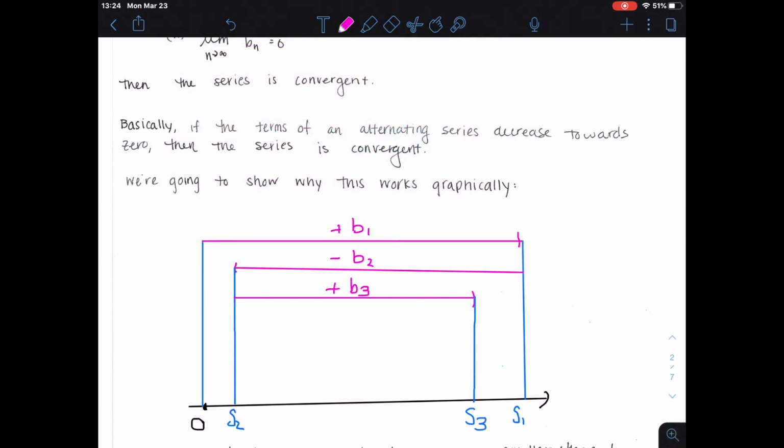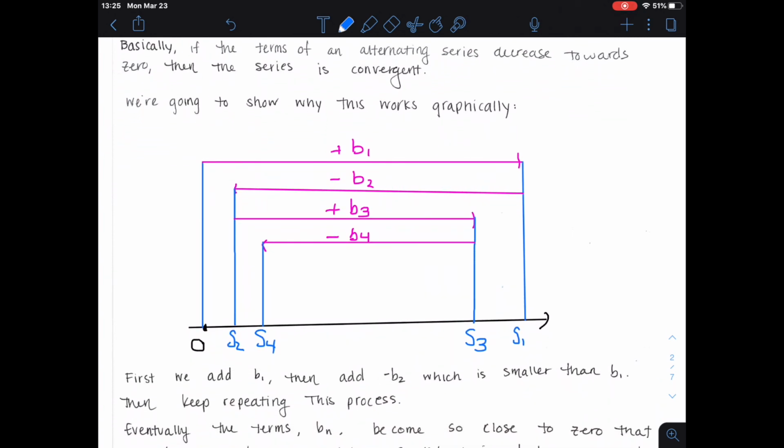Do one more. Now I'm going to subtract b4 because my next one would be negative. And again, it doesn't go as far because the terms are decreasing. So you subtract b4, and from that, you get the fourth partial sum. So you're going to keep doing this process, and the gap between these is going to get smaller and smaller to the point that it's going to oscillate around one specific number. So first we add b1, you add negative b2, but it's smaller, and you repeat this process over and over.